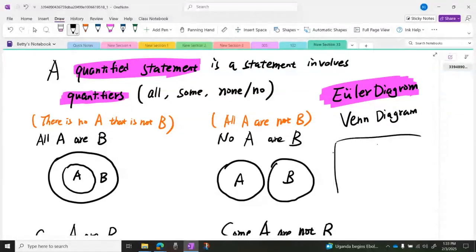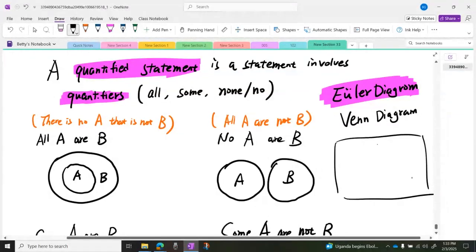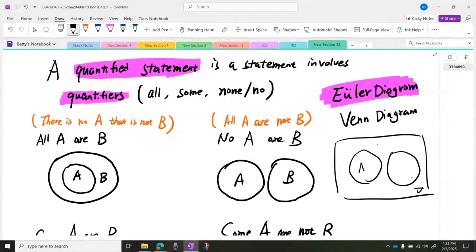Venn diagrams help us study the relationship of sets. Let's say in the box, the universal set, we have two sets A and B. They are disjoint. No A are B. And my question here is, which region in the box represents not B?